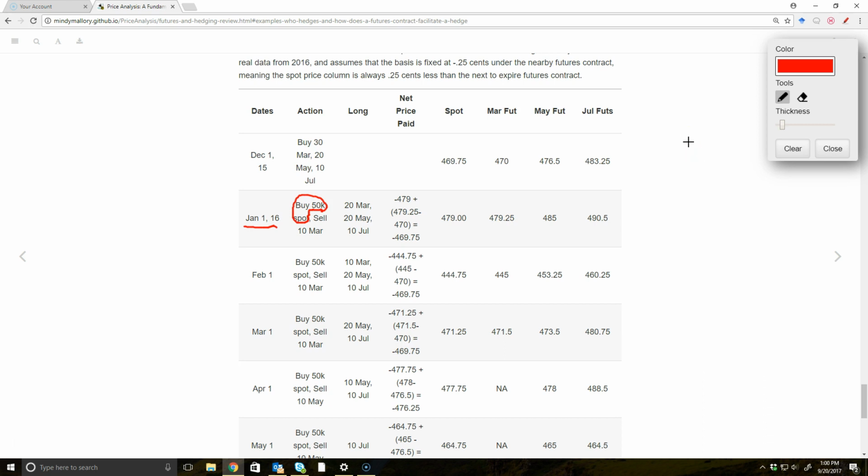And it says that we are also going to sell 10 of the March. And that's because whenever you make your action in the cash market, you have to lift the hedge from the futures market. So 50,000 purchase in the cash market is equivalent to 10 futures contracts. So we're going to sell 10 of our March contracts, and that means out of the original 30 March contracts, we're only long 20 now.